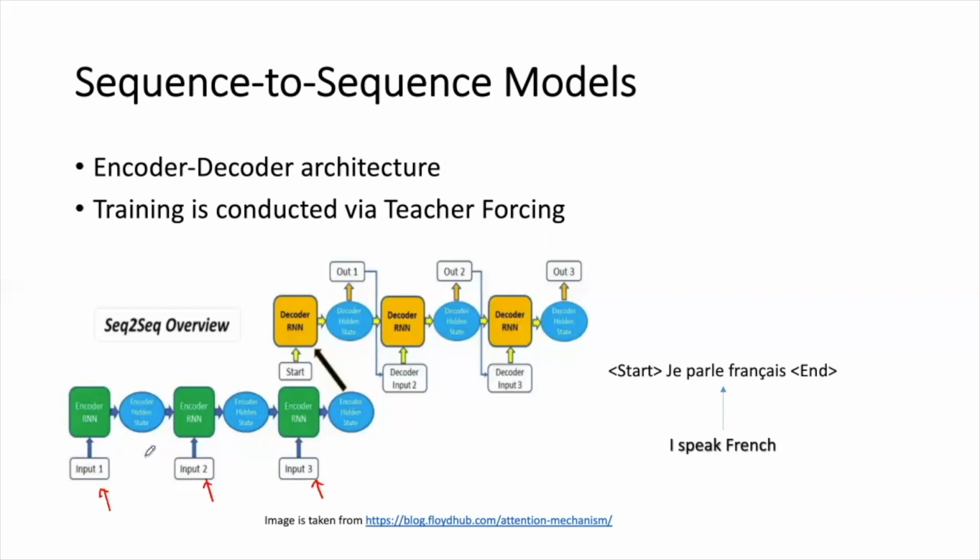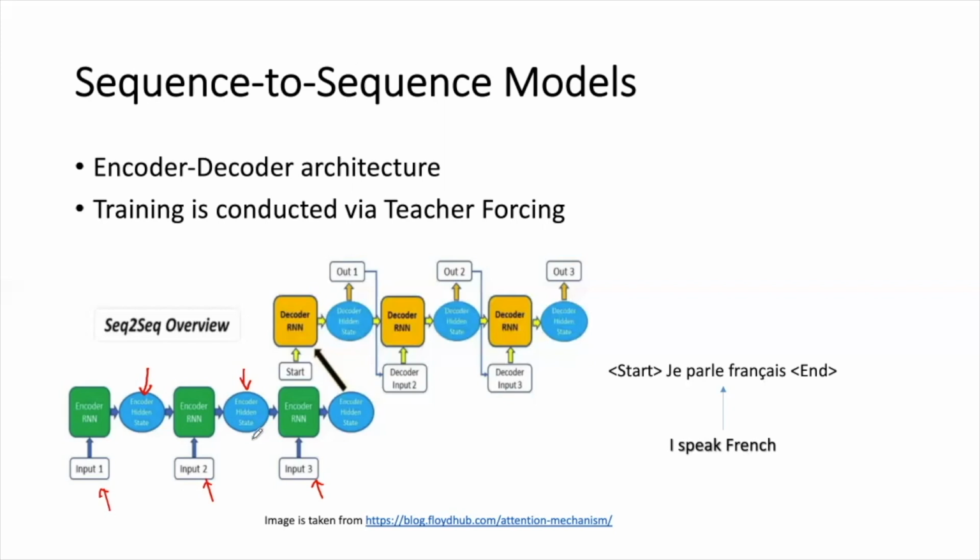For each input word, an encoder hidden state is generated. We pass the input vector as an input to our RNN, and the RNN generates an encoder hidden state. This is also a vector. We pass that vector to the next state of the RNN. In the next state, the next input comes in, and we have another encoder output generated.